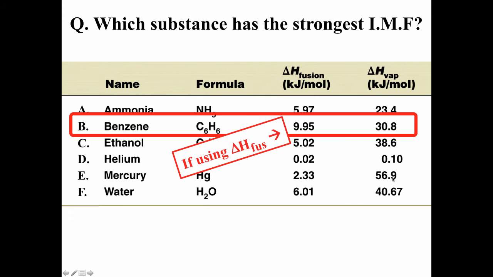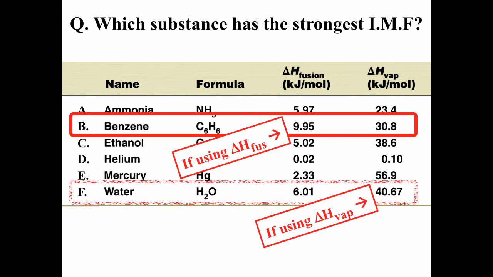This is still a delta H of vaporization, but mercury is a metallic compound, it's not molecules, so technically that's not going to be an intermolecular force. So the next highest is water, which has almost as high delta H of vaporization, 40.7 kilojoules per mole. And note that the delta H of fusion of water is the second highest behind benzene.